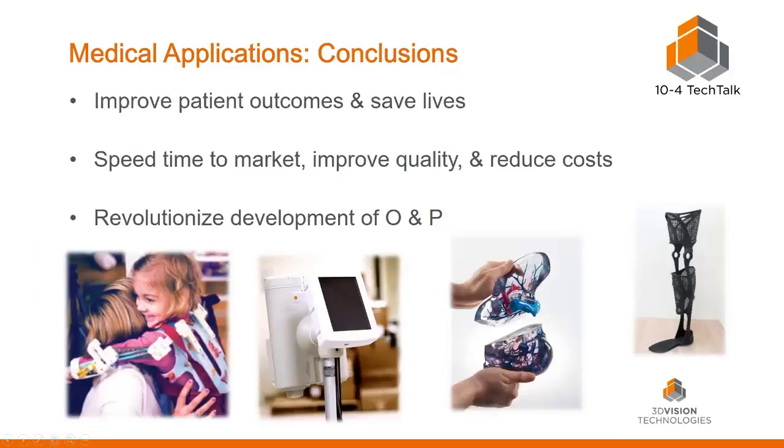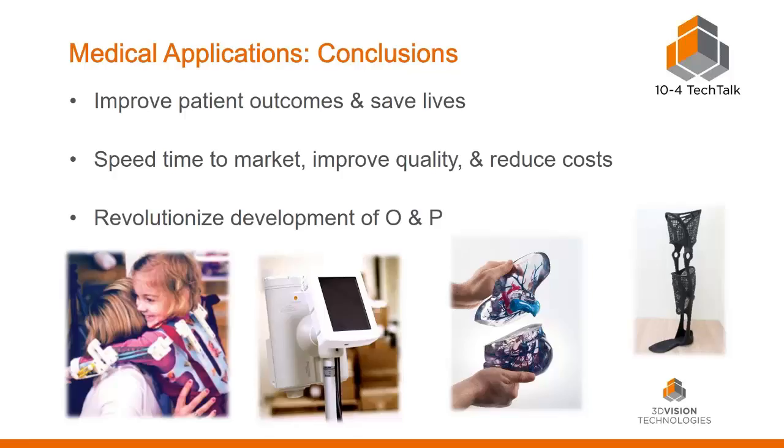All right, so just some conclusions to take away from our presentation. Hospitals are using 3D printing today and have been doing it for a couple of years to improve patient outcomes, saving people's lives. They're holding that heart, holding whatever organ, true to the patient, that actual patient's anatomy.